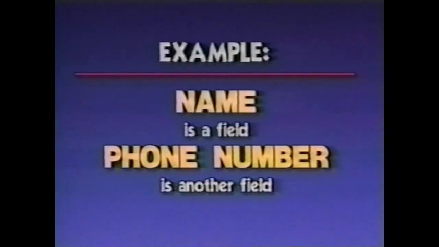A record may contain several fields. Name is a field, phone number is another field. With a little preparation and practice, you will be able to set up a meaningful database, perform an extraction based on your criteria, and take those names, addresses, and so on, and merge them with a form letter to create personalized business documents.